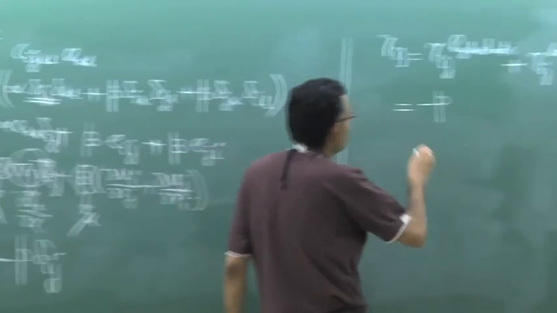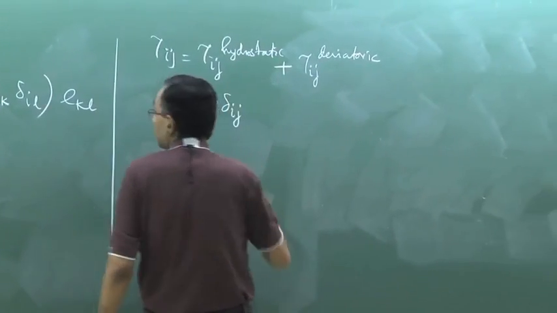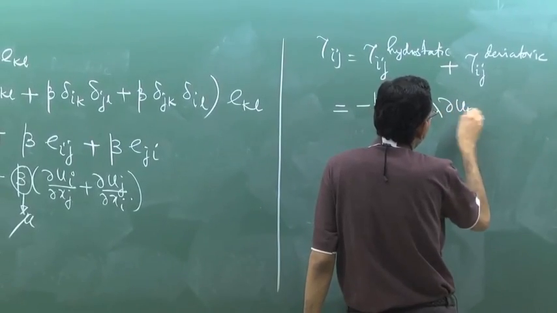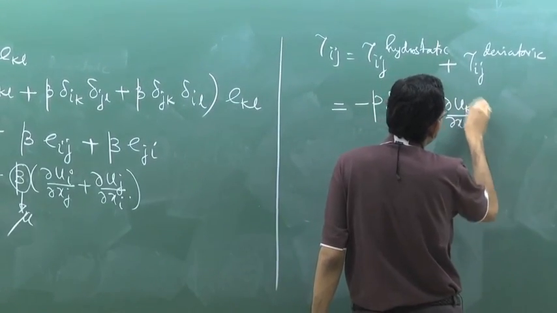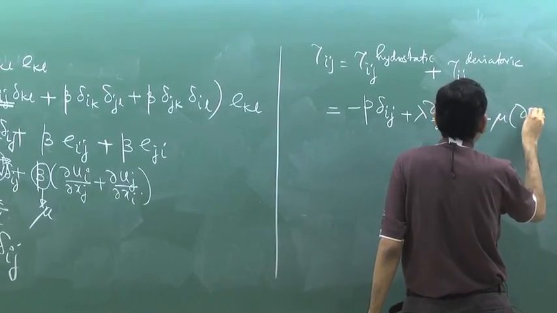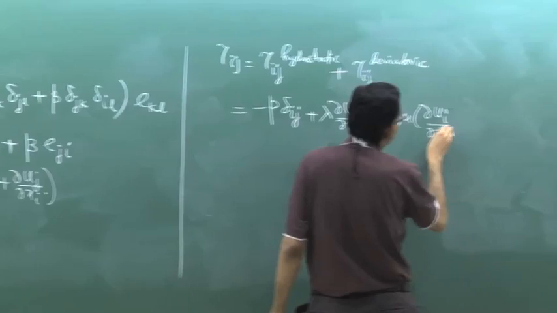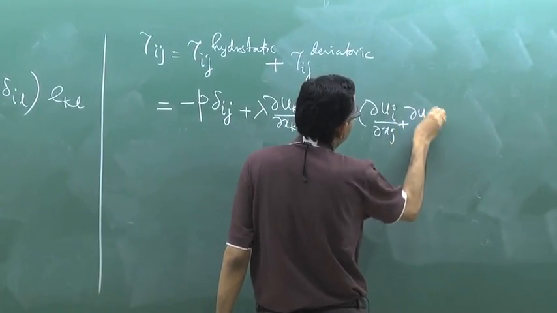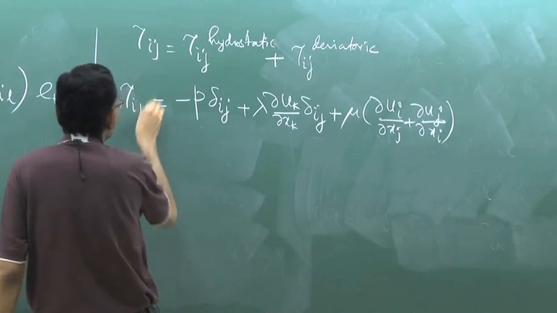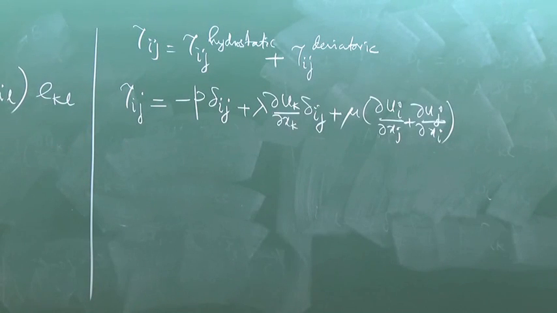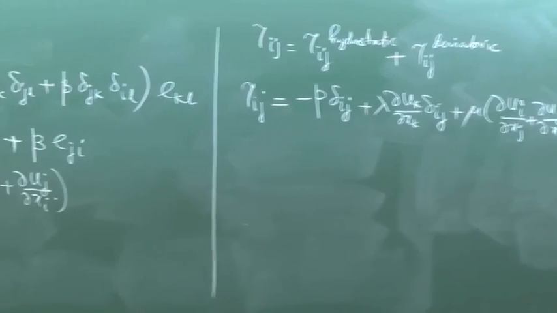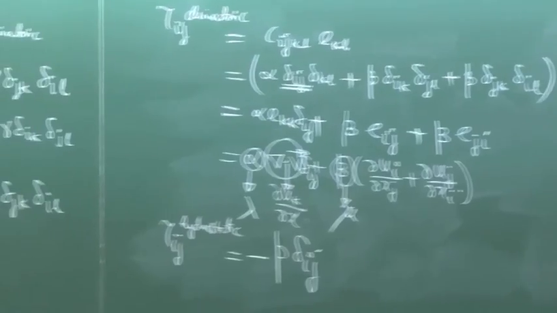So, minus P delta ij plus lambda del uk del xk delta ij plus mu times the rate of deformation. This is nothing but Newton's law of viscosity for a homogeneous, isotropic and Newtonian fluid, right.